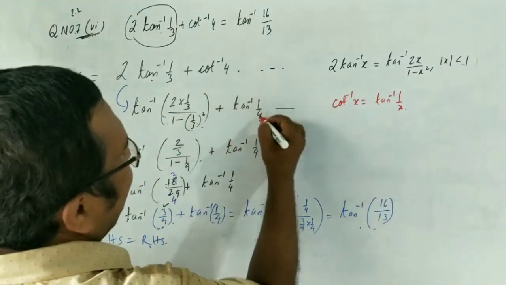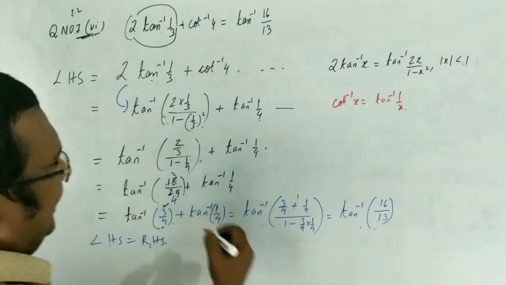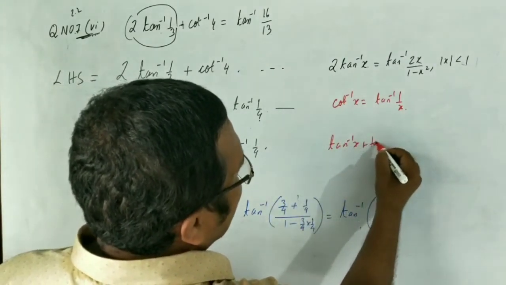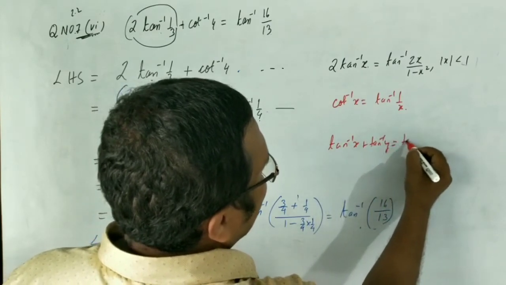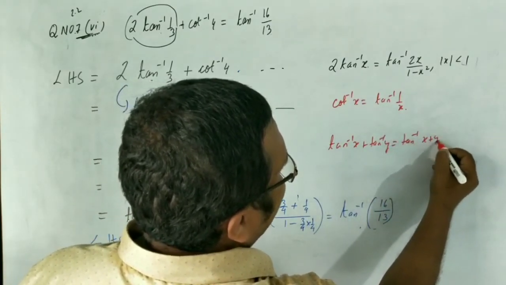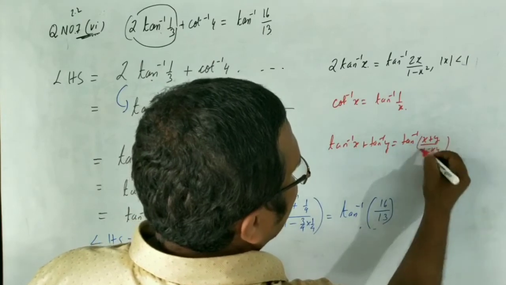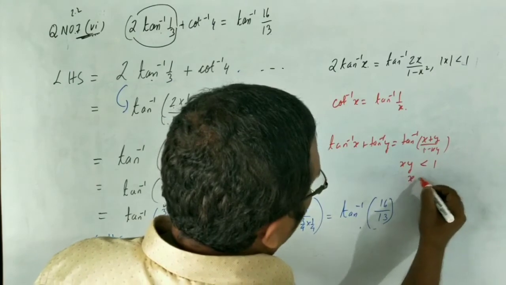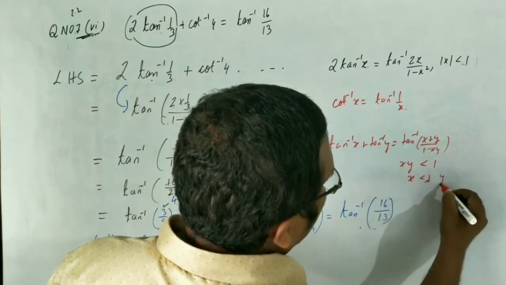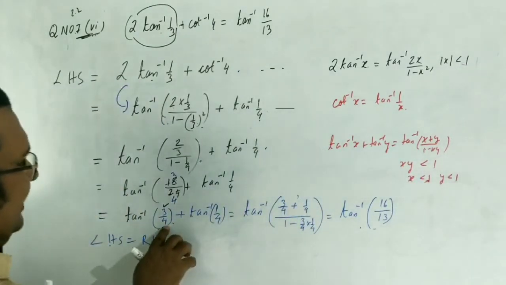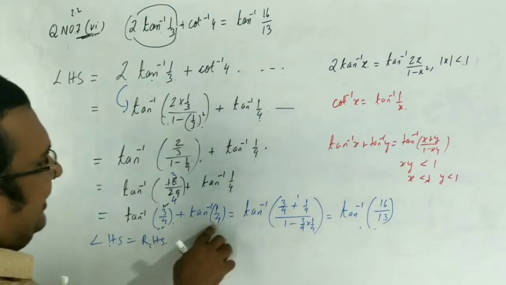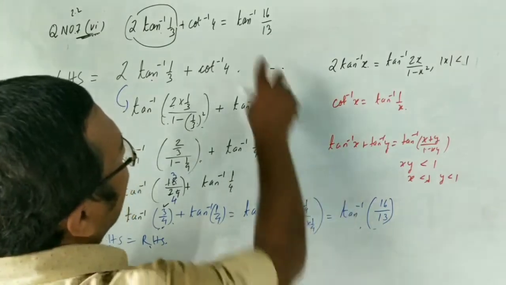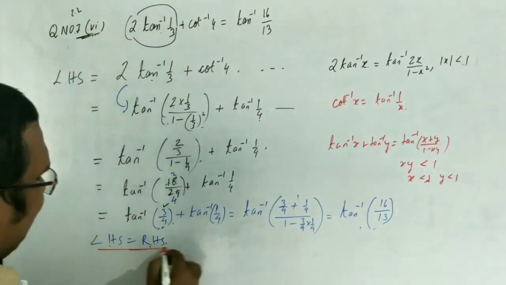So 4 becomes 1 by 4, and then I am going to use the formula tan inverse x plus tan inverse y is tan inverse x plus y by 1 minus xy. xy should be less than 1. x should be less than 1 and y also less than 1. So this is less than 1, this is less than 1. If I multiply, I get 3 by 16, which is less than 1. So I use this formula. This is equal to this. So LHS is equal to RHS.